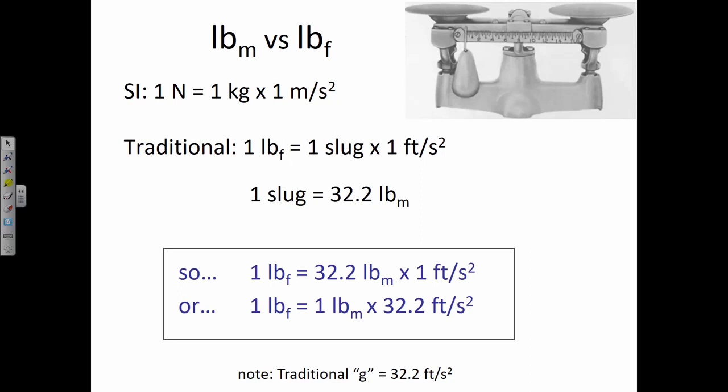So, this won't be an issue a lot. We will occasionally have to remind ourselves what a slug is and how many pounds force it takes to accelerate a slug and so on. This is part of the reason why we work most of the time in SI units: in the context of fluid mechanics, it just makes more sense a lot of times.